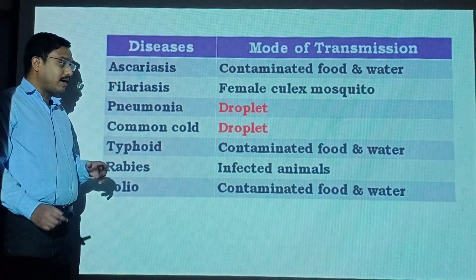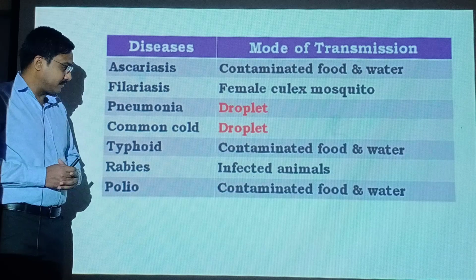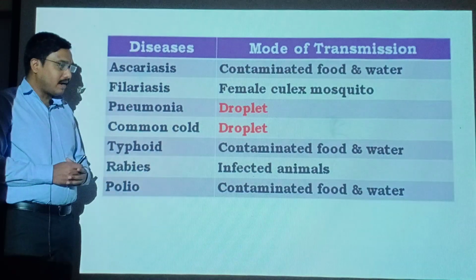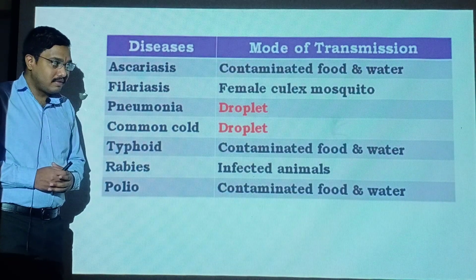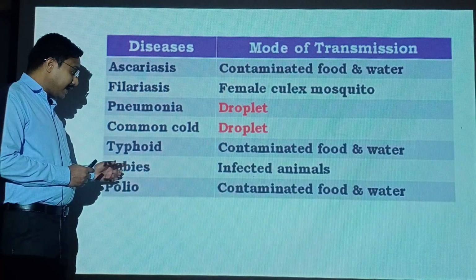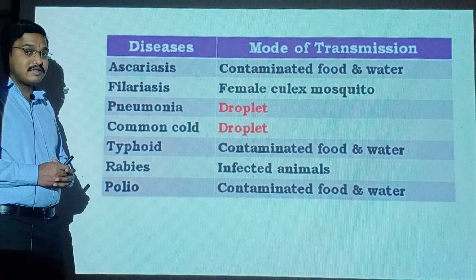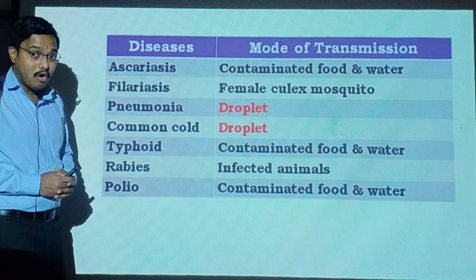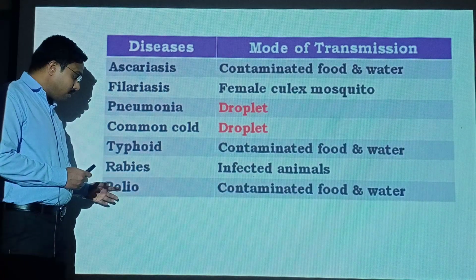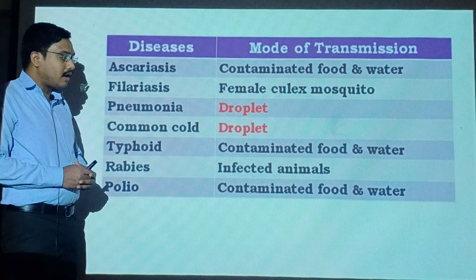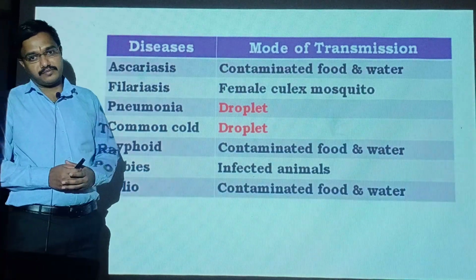Common cold is by droplet method. Typhoid is by contaminated food and water. Rabies is by the bite of infected animals, especially the dog. Polio is by contaminated food and water.